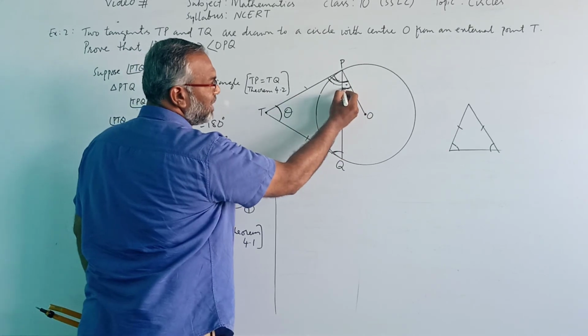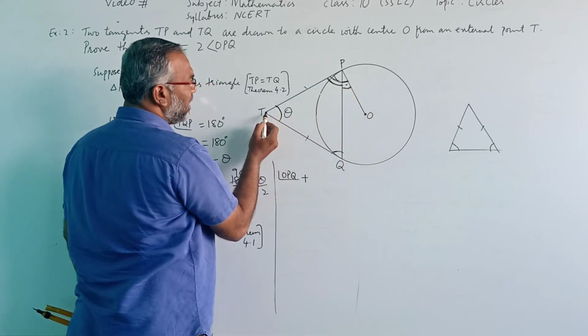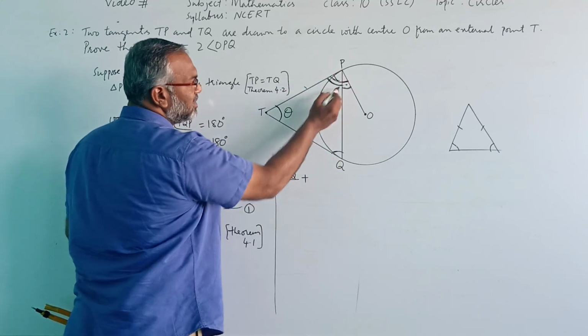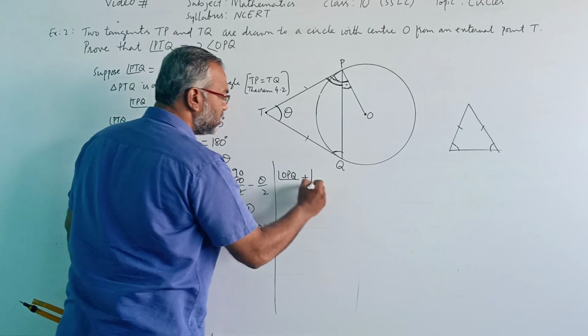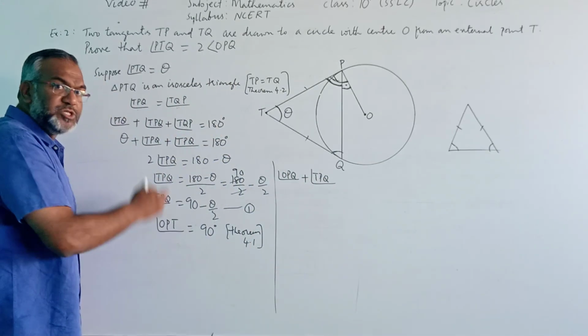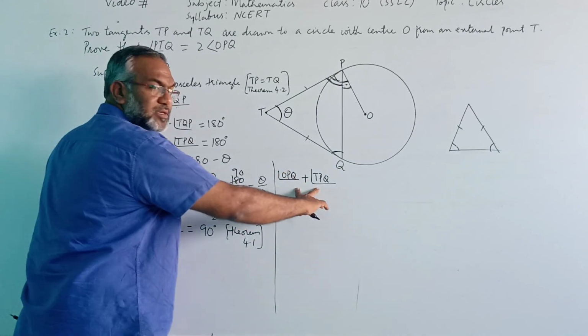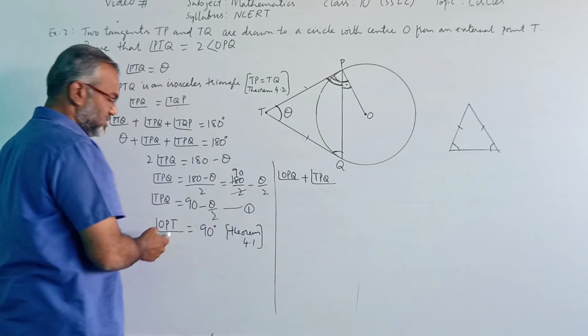OPQ means this part, and what is the name of this other part? This part is TPQ, right? I broke OPT into two parts. If you add them together, it will become OPT again.